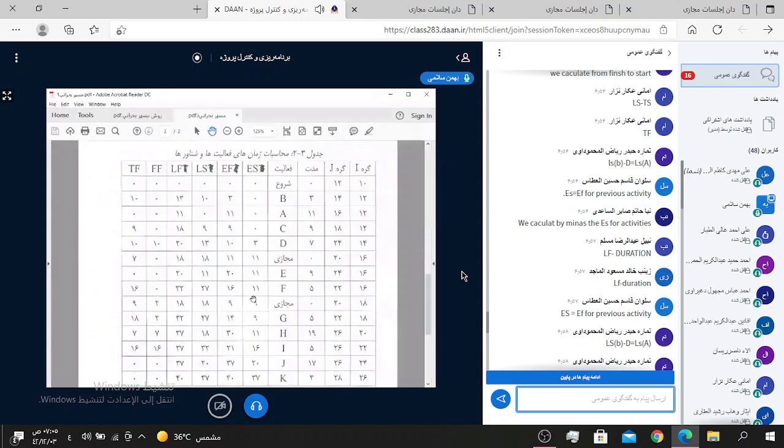And go to the table, activity I, write 16 as the ES of activity I. Understand? Okay.